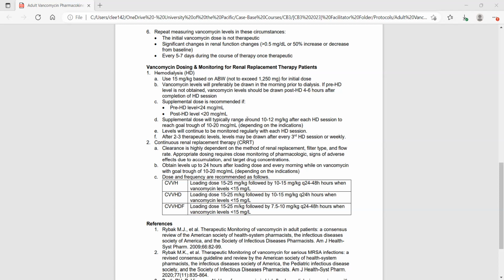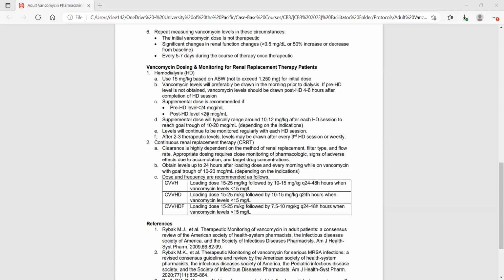So for example, you give 1,000 milligrams of vancomycin, and then you get the post-HD level after the next dialysis being 22. So after the first hemodialysis, you're not going to be giving another supplemental dose, because it's above 20.